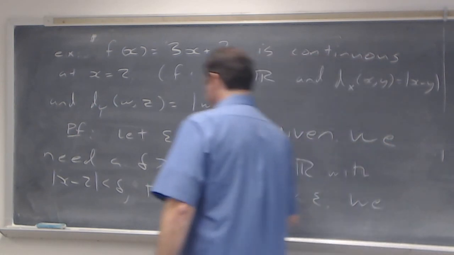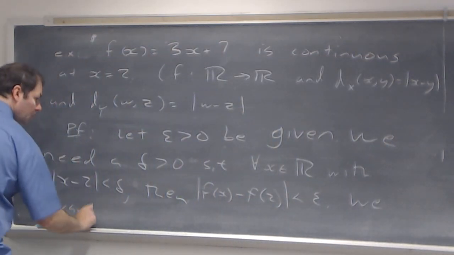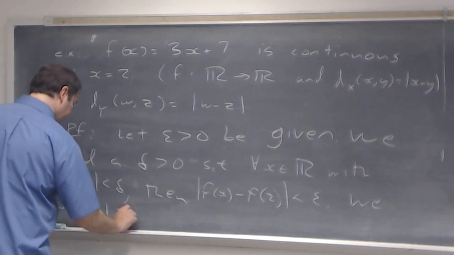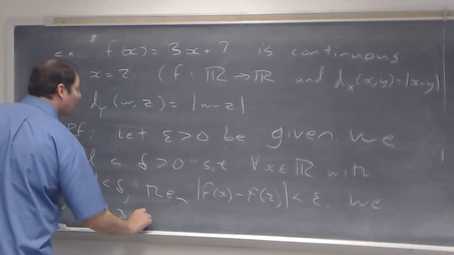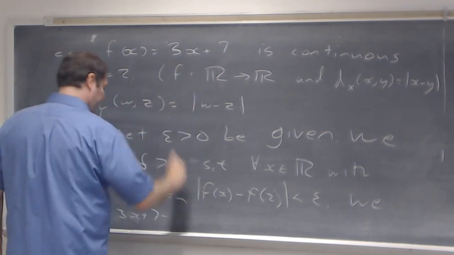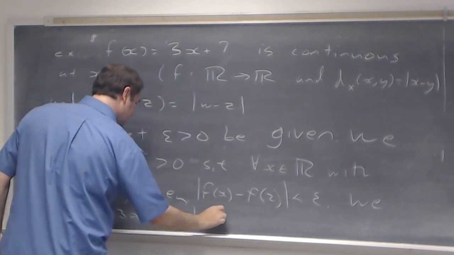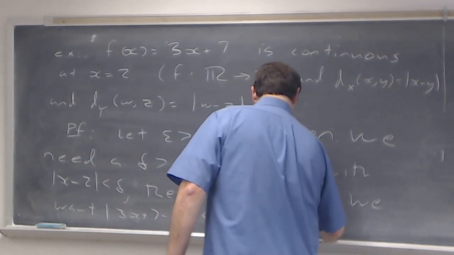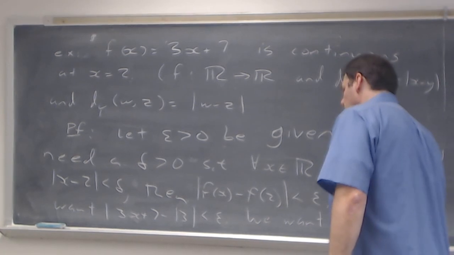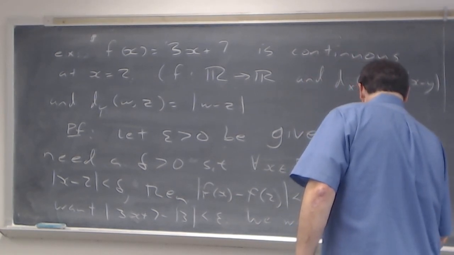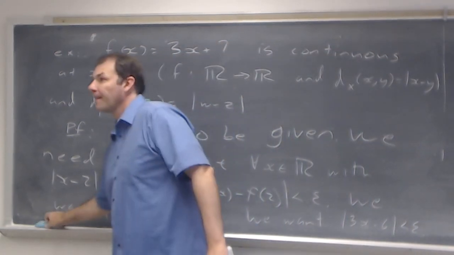So what we want is this distance. Well, f of x is 3x plus 7 minus f of 2. So when I stick in 2, I get 13. We want that to be less than epsilon. So what we want, we don't have it, but this is what we want: the absolute value of 3x minus 6 to be less than epsilon.